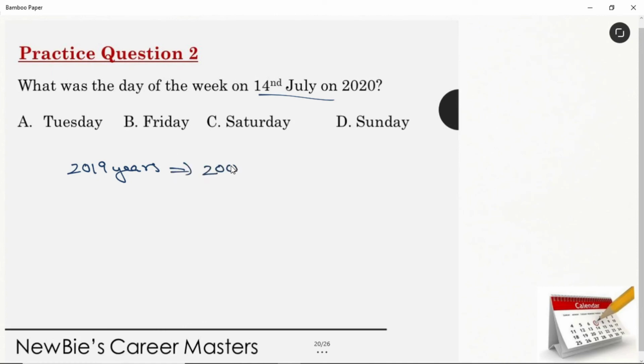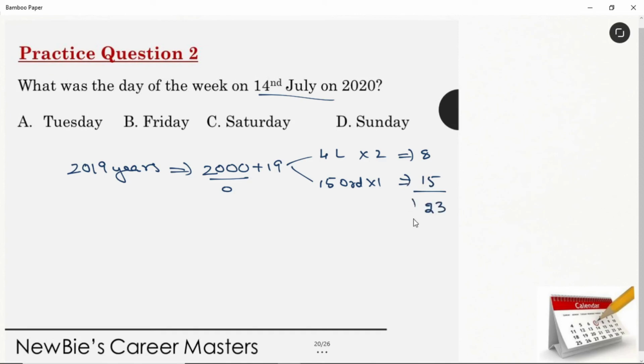Now split this. 2000 plus 19. 2000 we know 0 odd days. 19: 4 leap years and remaining 15 are ordinary years. Correct. 4 into 2, 15 into 1. Now 4 twos are 8 and 15. Total odd days are 23 odd days.